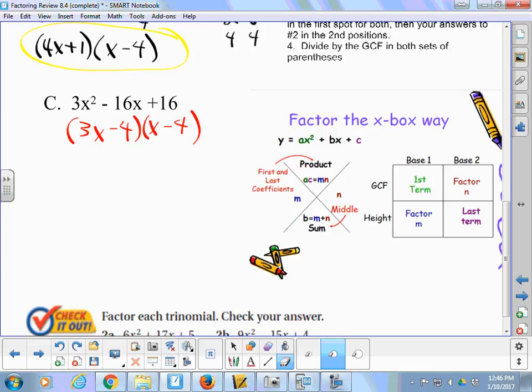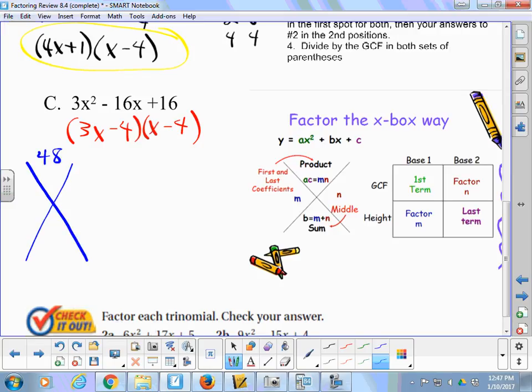So the first part of this is the same as using the airplane method, so we'll do that part to start with. When you did this multiplication, you got 48 here. That's my a times c that goes in the top of the x. And in the bottom of the x is negative 16, the value of b.